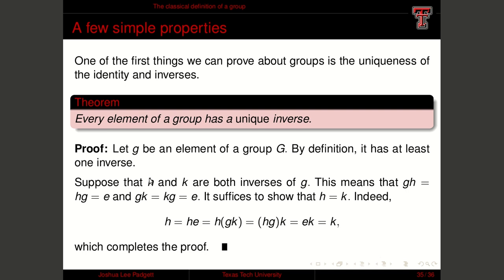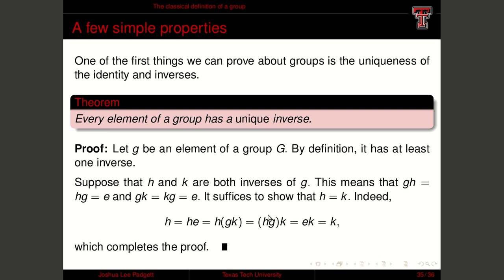Now, suppose to the contrary that there are two inverses that I denote H and K. This means that GH equals HG equals E, so H undoes G, and also K undoes G. Our contradiction will be demonstrated if we can show that H and K are the same. So H is the same as H times E because E leaves things unchanged, but a fancy way of writing E is just GK because of this second property right here.